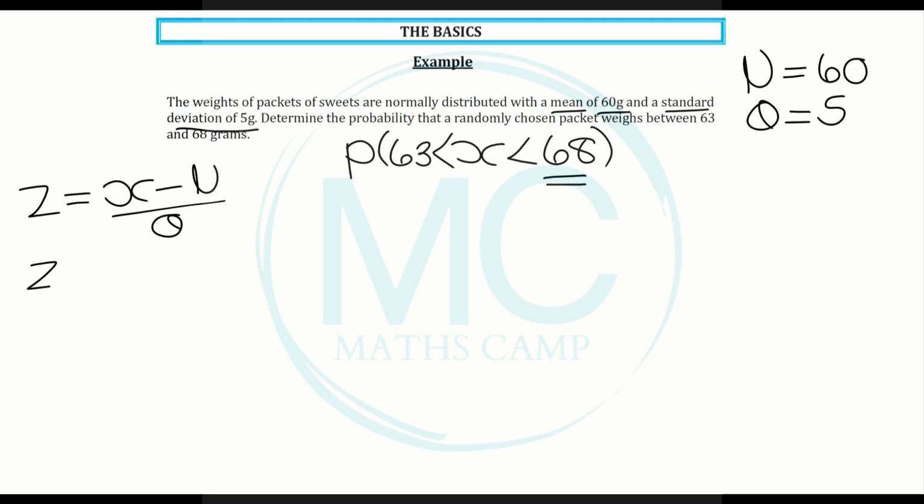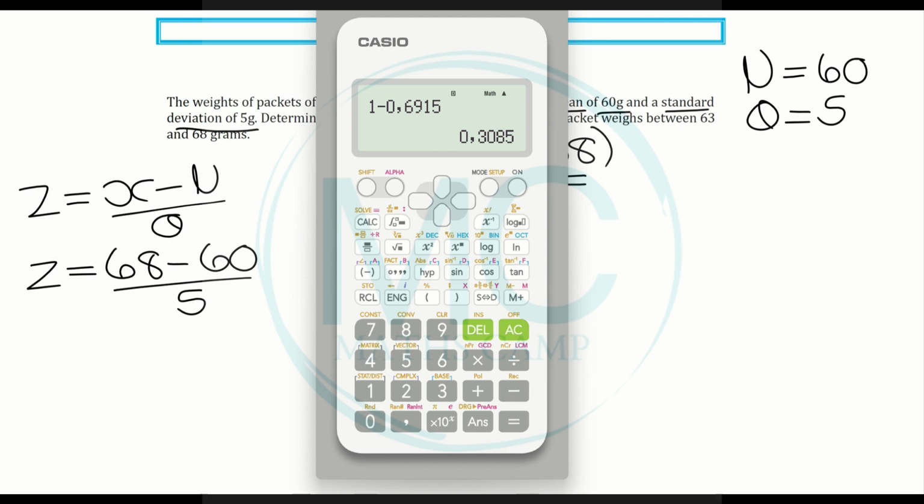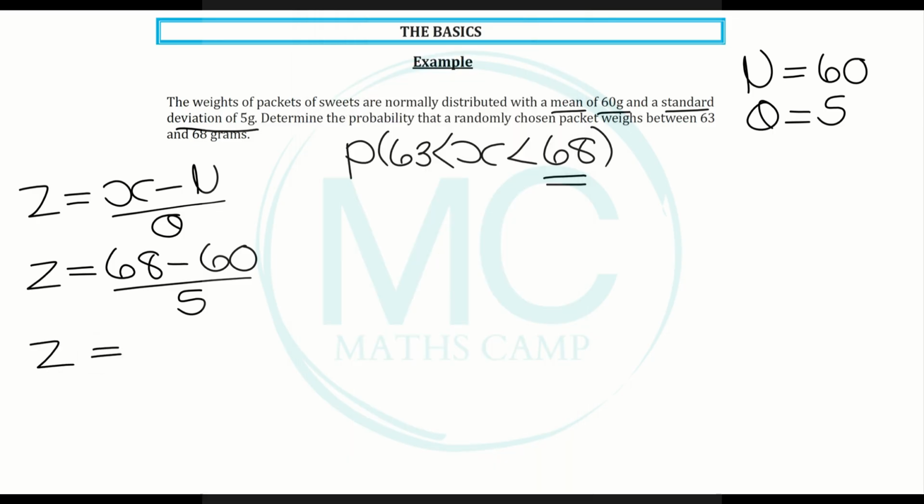So I can say that z is equal to 68 minus mu, 60, over 5. Take my calculator. 68 minus 60 divided by 5 is equal to 1,6. So z is equal to 1,6.